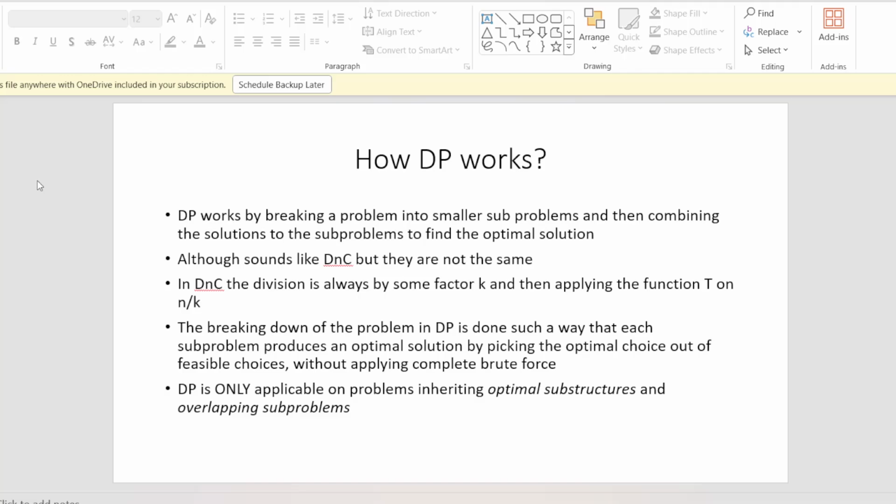On the other hand, the breaking down of the problem in DP is done in such a way that each subproblem produces an optimal solution by picking the optimal choice out of feasible choices without applying complete brute force. Although it sounds like brute force because we are picking the best solution out of many solutions, but it's not totally brute force. We will see later in the lecture.